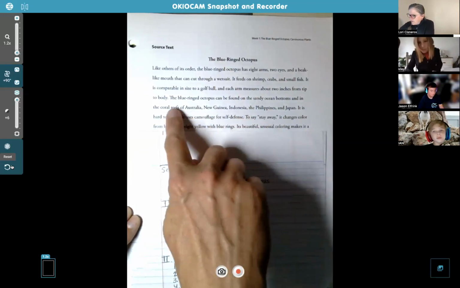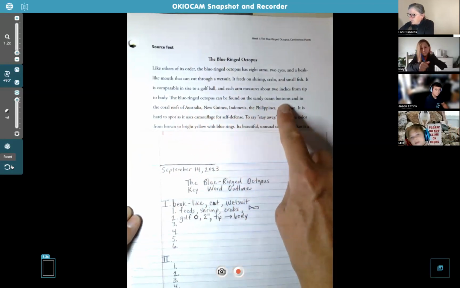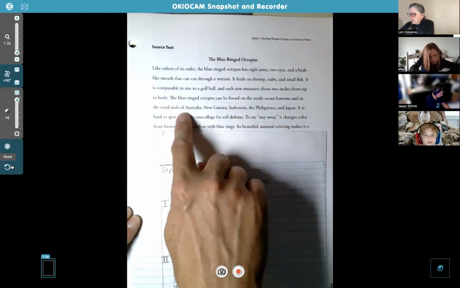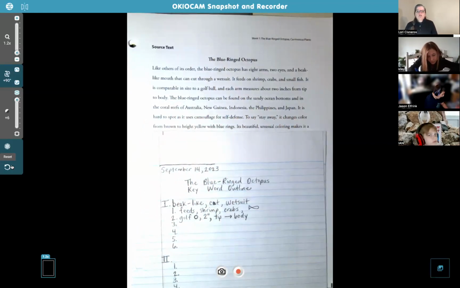All right, we left off right here where it says the blue-ringed octopus can be found on the sandy ocean bottoms and in the coral reefs of Australia, New Guinea, and Indonesia. So that's a lot of information in one sentence. And remember the rules about the outline. You can only pick 3 key words. You can use things like numbers and symbols and abbreviations.